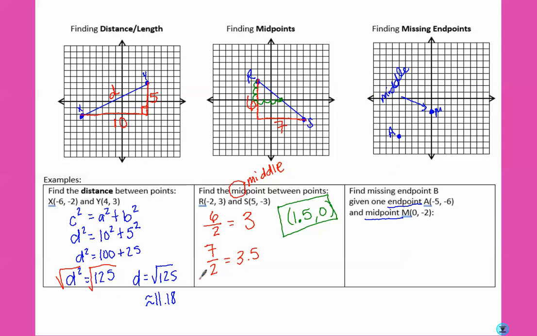So from A to M, it's up 1, 2, 3, 4, and over 1, 2, 3, 4, 5. So I'm going to follow the same pattern, up 1, 2, 3, 4, and over 5. 1, 2, 3, 4, 5. So this must be my other endpoint B, which lands at 1, 2.